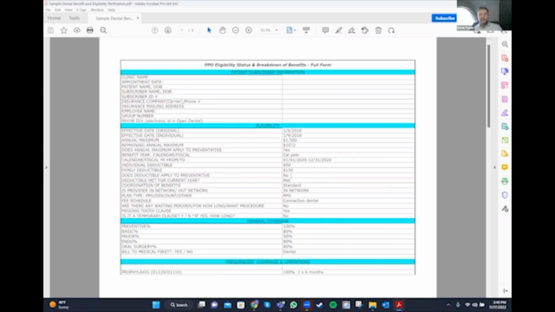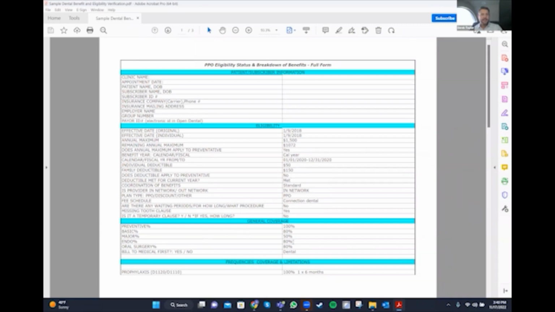The second area down here is what we call your eligibility, which walks you through some of the general things: your annual maximums, your individual coverages. So this is some of the very general patient benefit information for this particular plan and group.